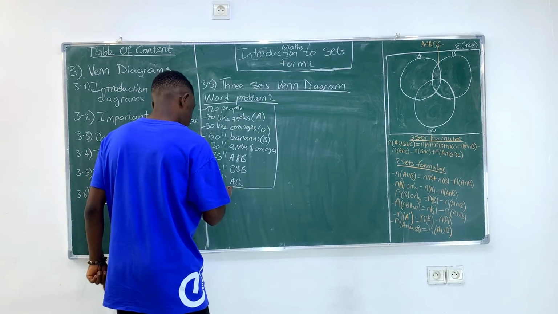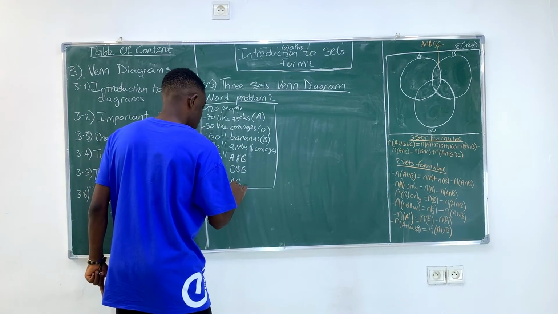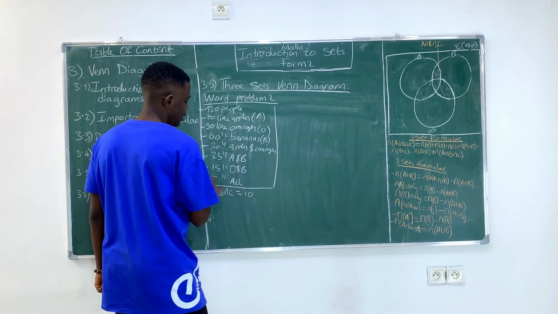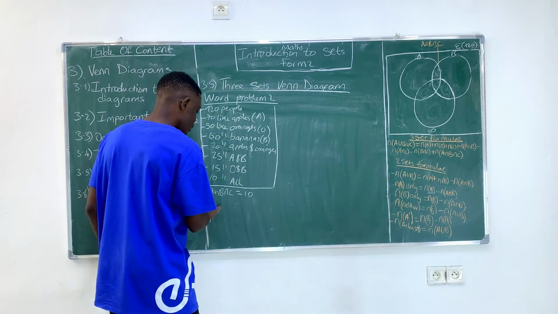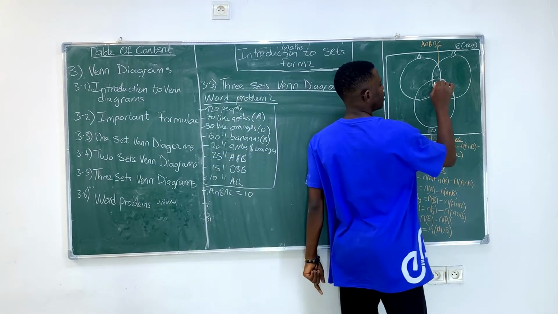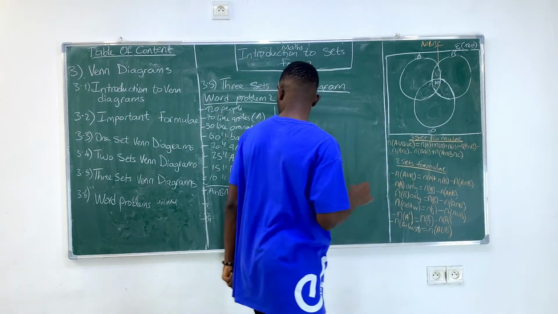What is A intersection O intersection B? It is given to us as 10. 10 people like all of it. So I write here 10.